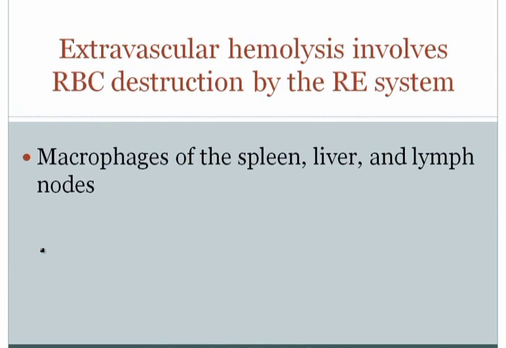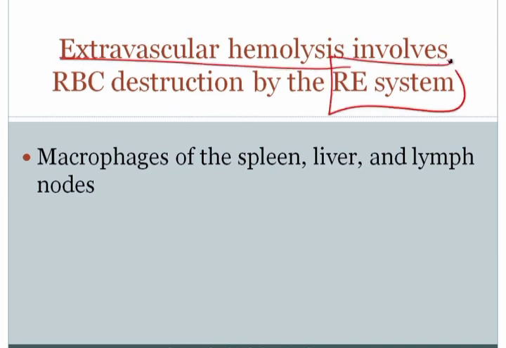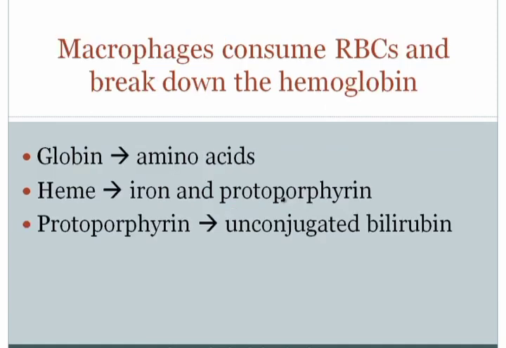Recall that I said that in extravascular hemolysis, the red blood cells are destroyed by the reticuloendothelial system. The reticuloendothelial system is made up of the macrophages of the spleen, liver, and the lymph nodes. And the macrophages consume red blood cells and then break down the hemoglobin. It's broken down as follows.